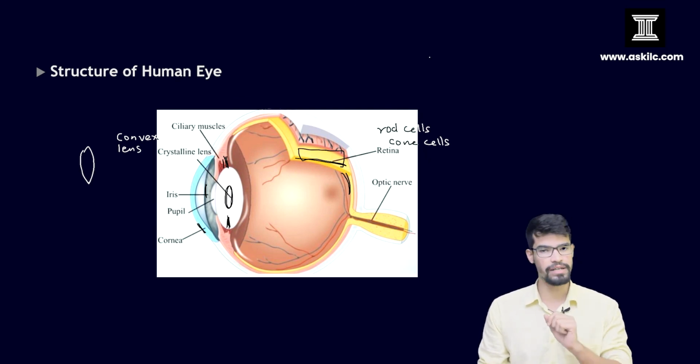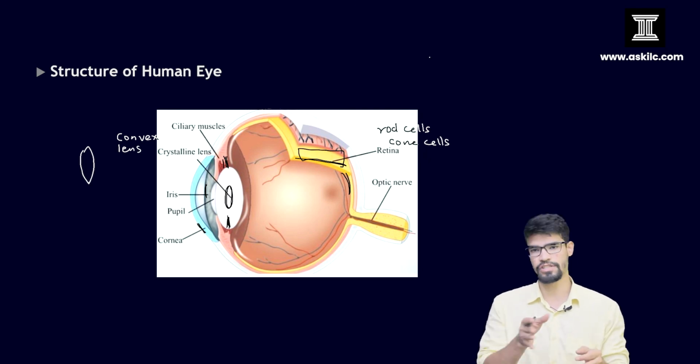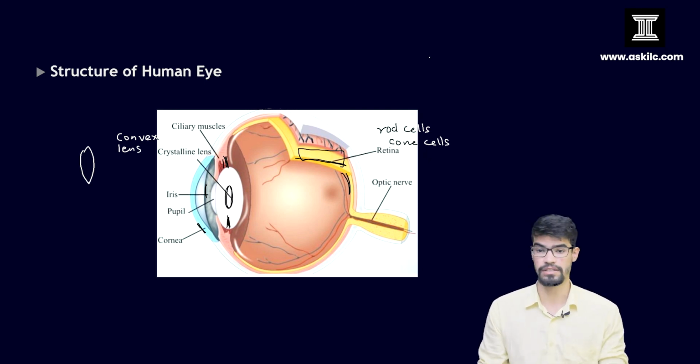Exactly. And rod cells help us to detect the amount of brightness. Okay. And talking about shape, cone cells, as they say, they're conical in shape and they help light to disperse in different colors. That's why they help us to detect colors. And rod cells are cylindrical in shape.